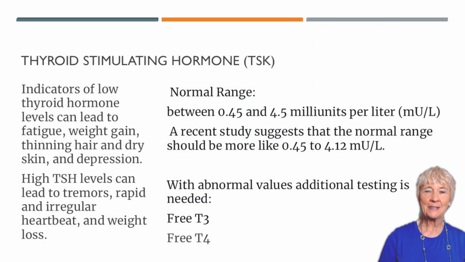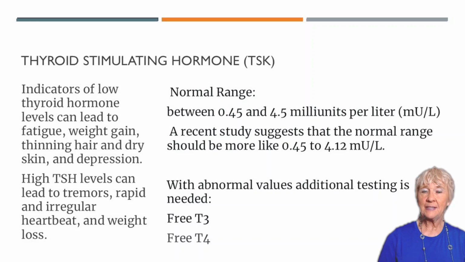I'll go over these in a minute. So, indicators of low thyroid hormone levels can cause fatigue, weight gain, thinning hair, dry skin, and depression. High levels of TSH can lead to tremors, rapid heartbeats or irregular heartbeats, and weight loss, significant weight loss.